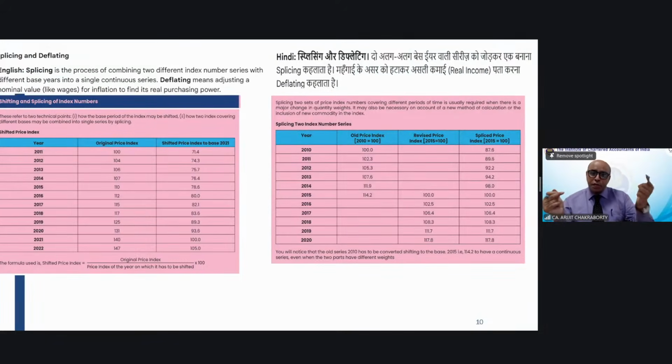That means with the same income, if my income remains the same, my purchasing power is reducing. अगर मेरा इनकम, डिस्पोजेबल इनकम अगर मेरा सेम है और मान लीजिए कि मेरा हर चीज का भाव बढ़ रहा है, that means with the same income, the quantity I was able to buy last year, this year I will not be able to buy that much. So therefore my purchasing power gets affected.